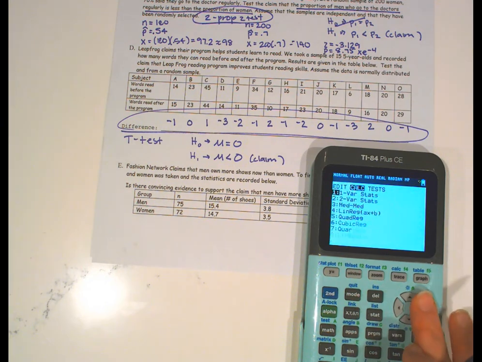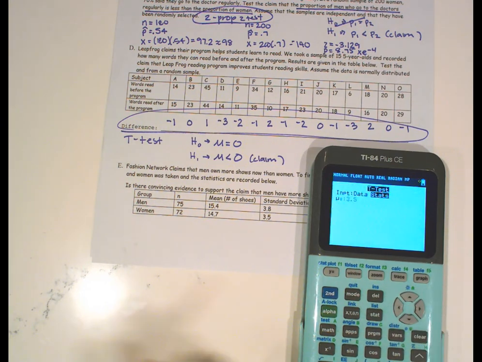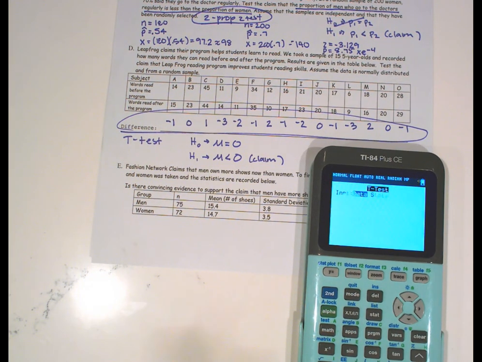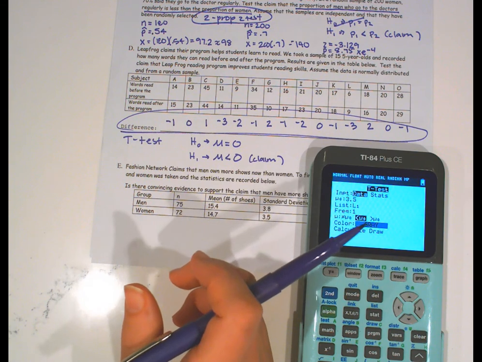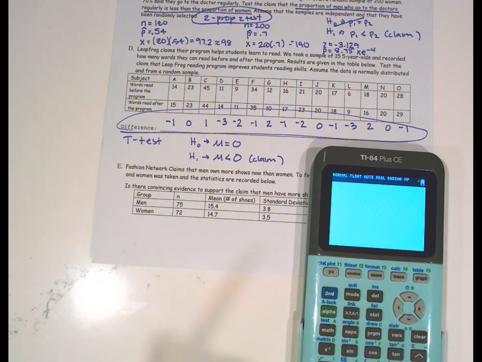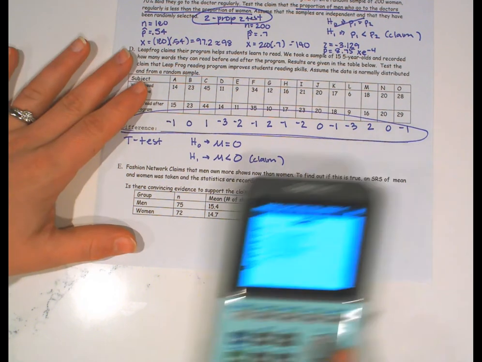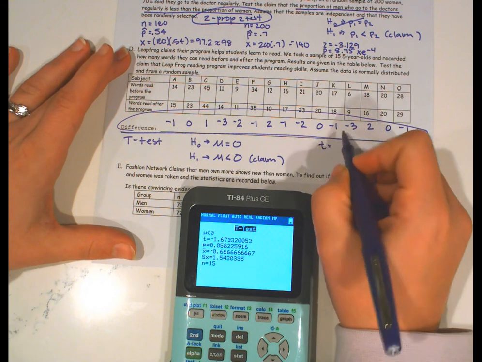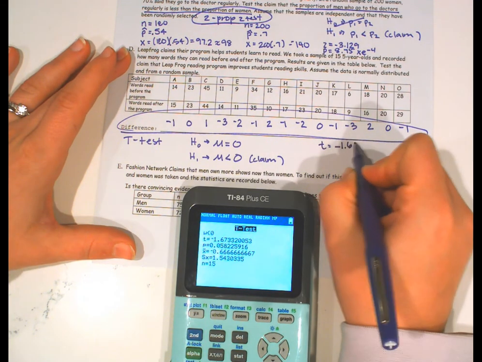So then when we run our t-test, we don't need much of our information before because we're going to tell it to pick out of the data of list 1. Our mu naught is 0, right? That it made no difference. And then our claim is that it's going to be less than. So then we'll calculate. We get that t is negative 1.67.